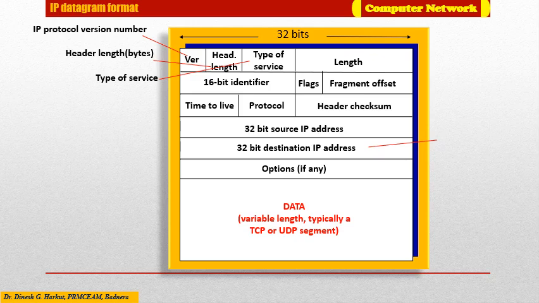The next important component is the type of service. The type of service bits were included in the IPv4 header to allow different types of IP datagrams, for example datagrams particularly requiring low delay, high throughput, or high reliability, to be distinguished from each other.